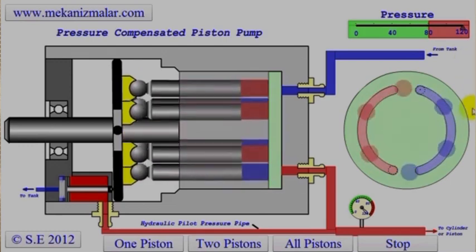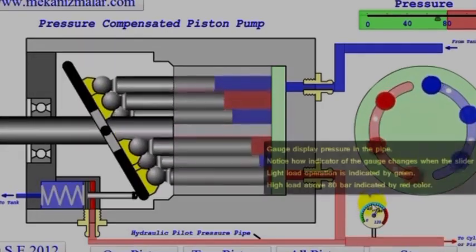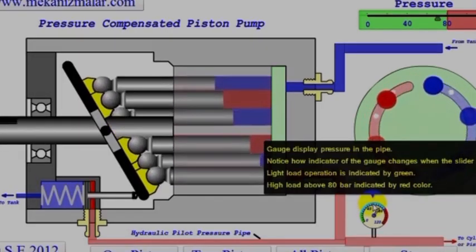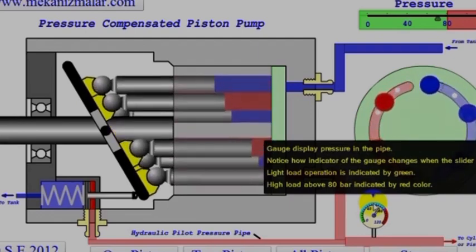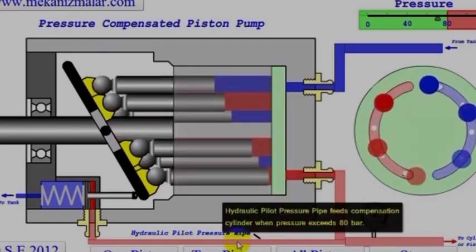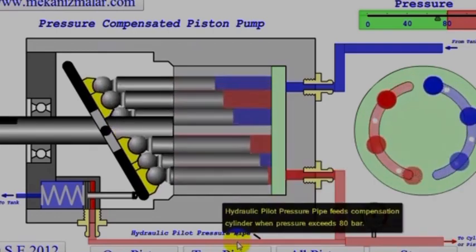Once we operate a hydraulic unit such as gears, flaps, or any other flight controls, obviously system pressure will drop. The drop in system pressure will cause the piston in the pressure compensated chamber to move out with the spring tension and force, and will change the zero angle of the swash plate.